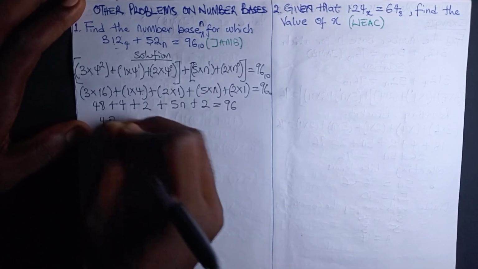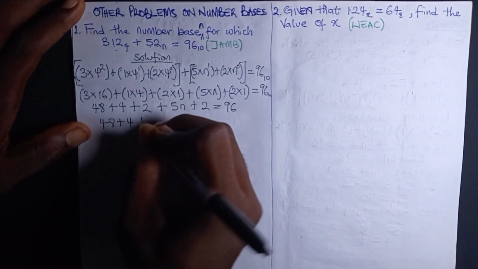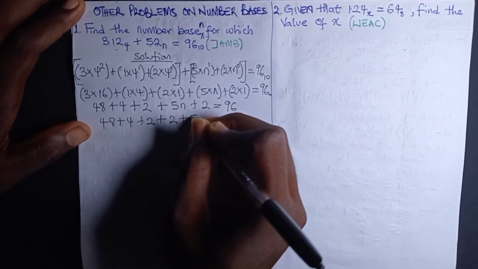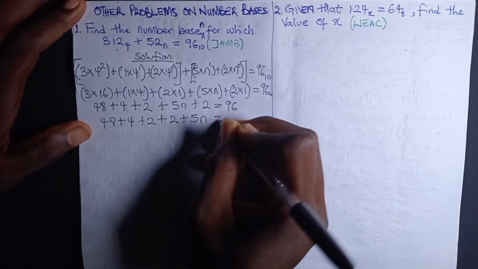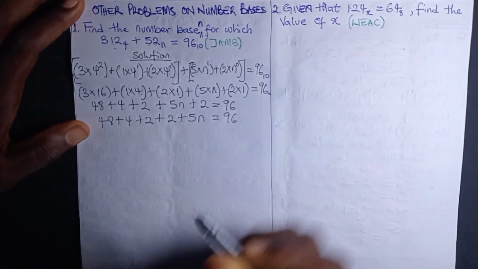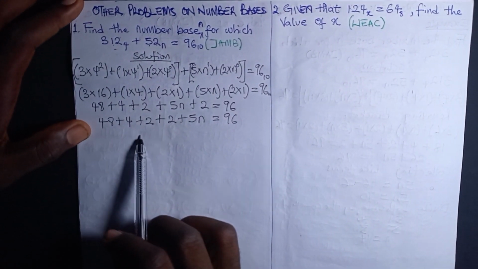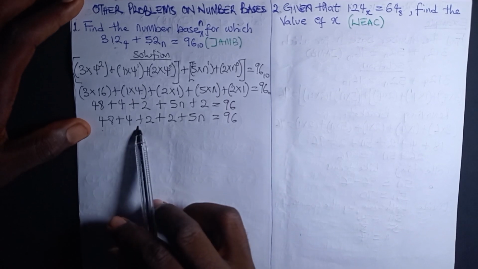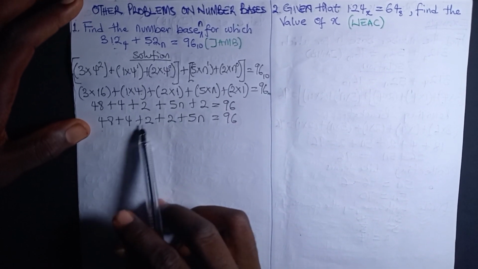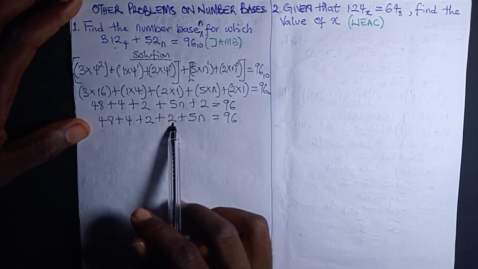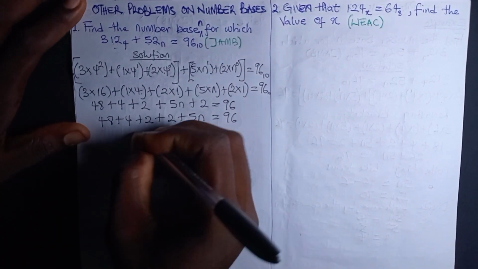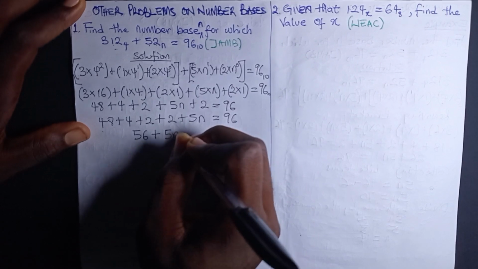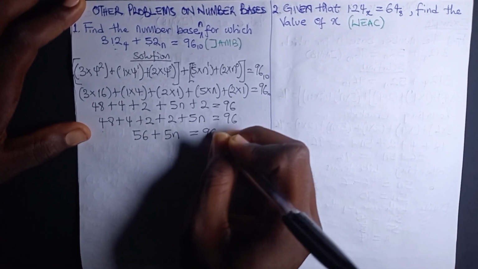We have 48 plus 4 plus 2 plus 2 plus 5n equals 96. Now, 48 plus 4 gives you 52, 52 plus 2 is 54, plus 2 is 56. So you have 56 plus 5n equal to 96.